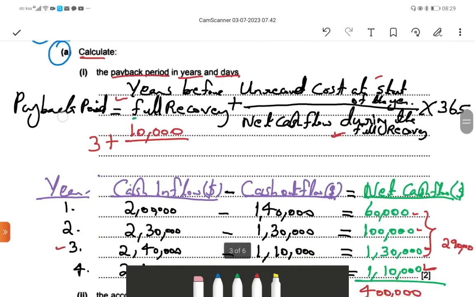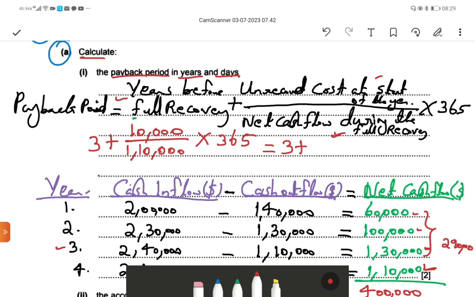So 10,000 divided by 110,000 multiplied by 365 is equal to 34 days. So 3 plus 34 days. This is the answer: 3 years and 34 days.